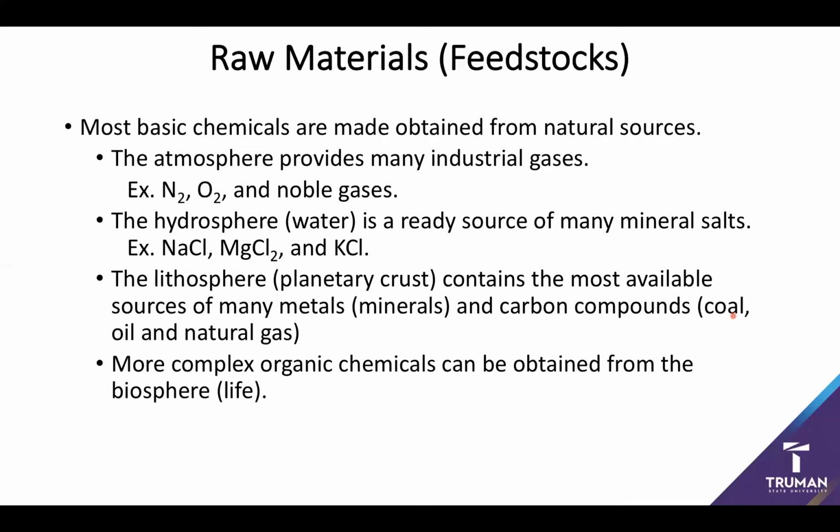We need something a little bit more fancy, at which point the biosphere is often an additional good source. This is going to give us a lot more complex organic materials. For example, this is how we first isolated cortisol, but it turns out that it's often hard to isolate these fancier compounds.